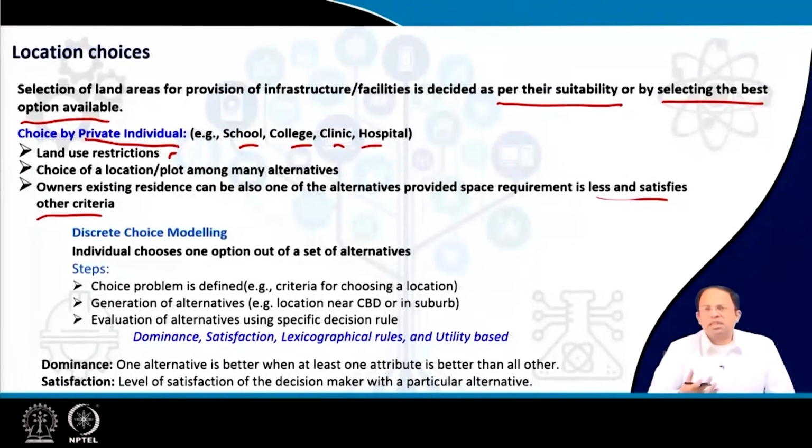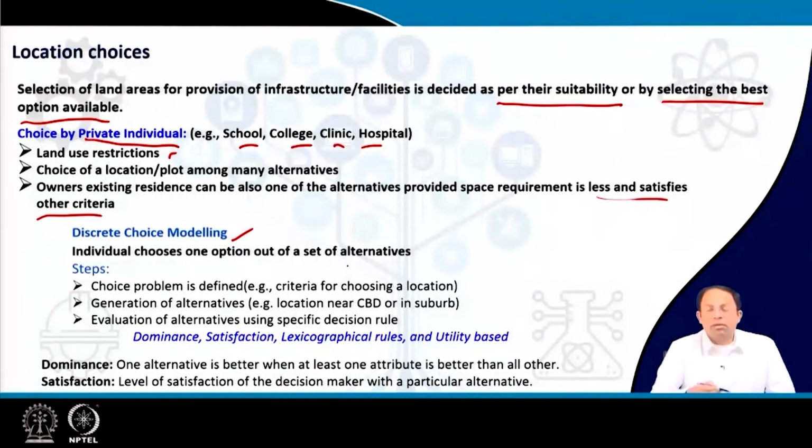So some characteristics are coming from the inherent characteristics for setting up a school, and the other characteristics are coming based on his choices. So this way of choice making, we can call it discrete choice modeling. We can evaluate these choices via discrete choice modeling, where an individual chooses one option from a set of alternatives.